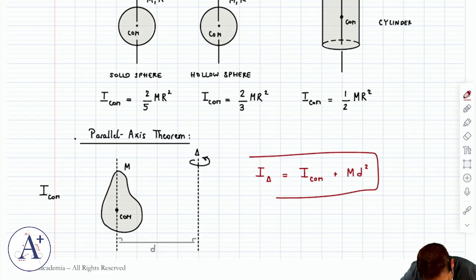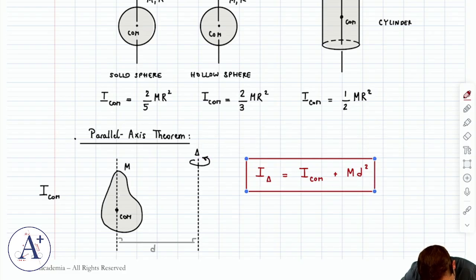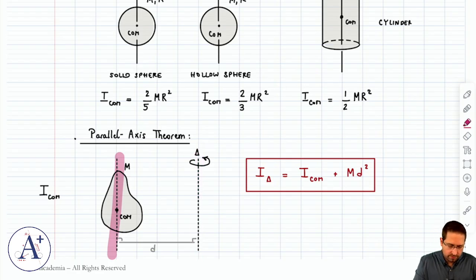So this is the parallel-axis theorem. What it does is move your moment of inertia from this axis here to this axis here. So if I give you I center of mass, you can actually find I delta if that's what you need to compute torque net equals I alpha.